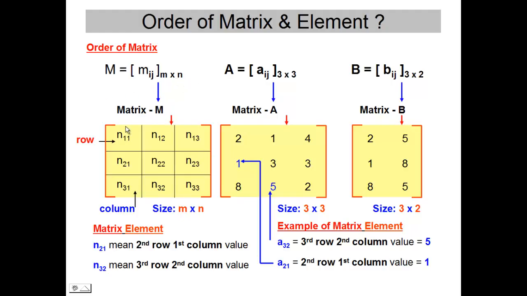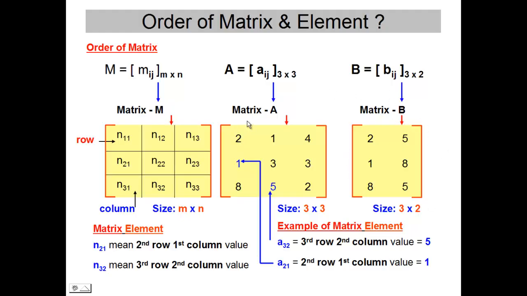So for example, matrix A is represented as A equal to square bracket A of ij and 3 into 3, a 3 by 3 matrix. The other example is matrix B, square bracket Bij and 3 into 2, meaning a 3 row 2 column matrix. So this is the representation of matrix B.